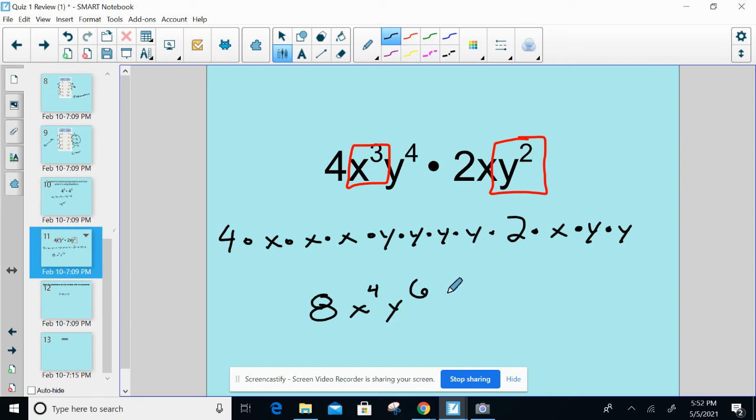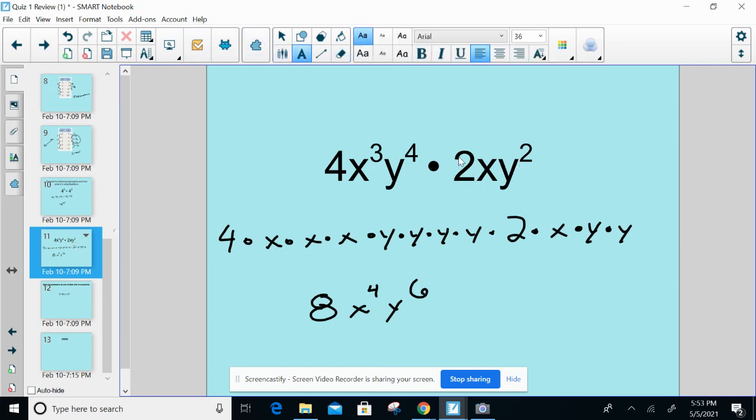There you go. All right, the shortcut is numbers still multiply like numbers. The x's, you got a base of x and an exponent of 3. Technically, this exponent would be 1. So 3 plus 1 is 4. X to the 4th. 4 plus 2 is 6. All right.